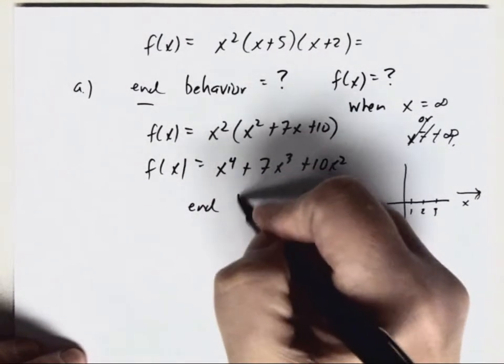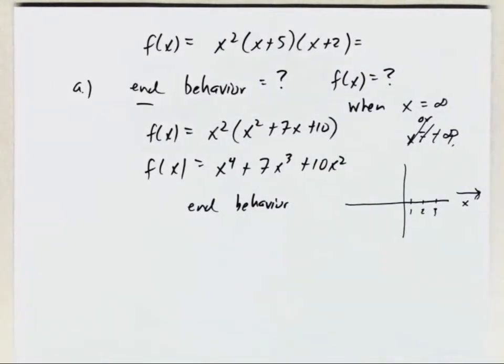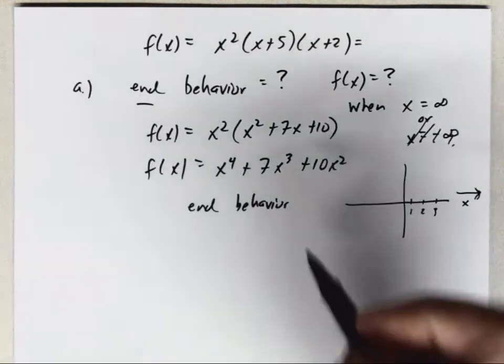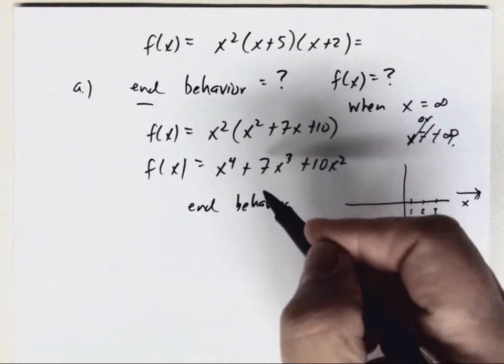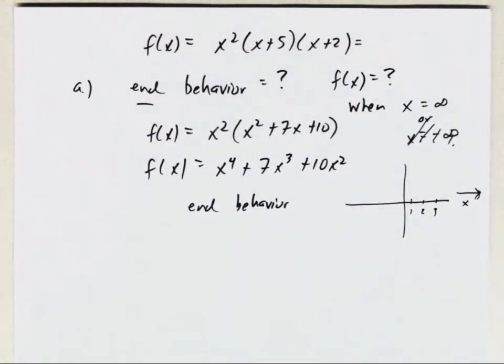Now, we're still talking about this idea of end behavior. What happens when x is a really big number? And there will be times also when we talk about maybe when x is a huge, big negative number. But for now, let's just talk about when x is a huge positive number.